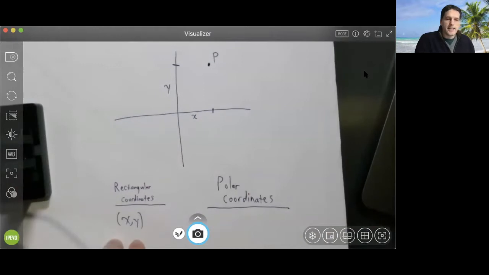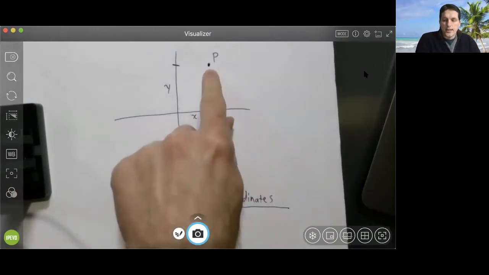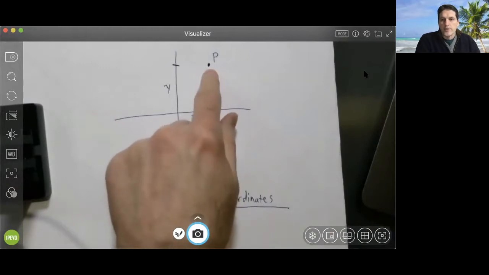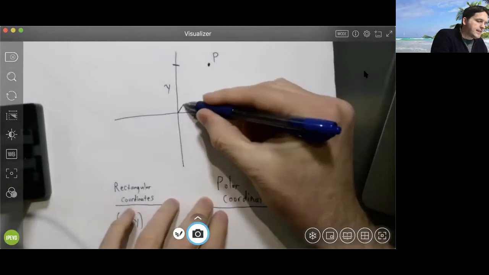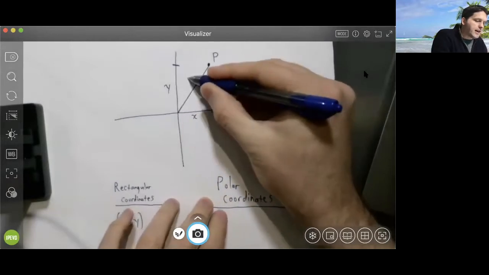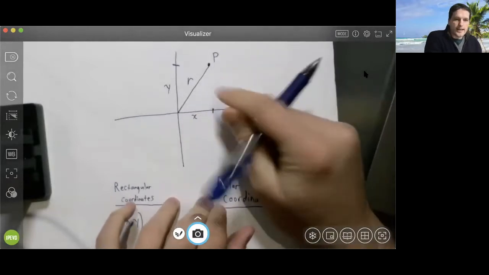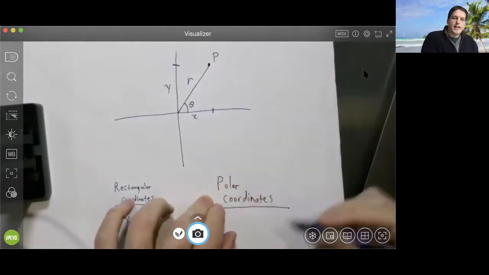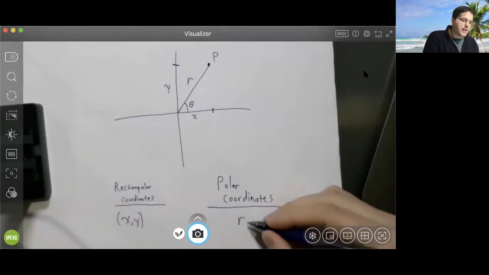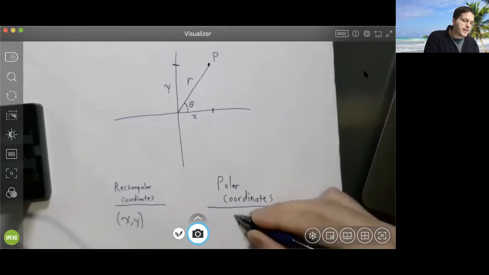But this is not the only way to specify the location of P using a pair of numbers. A different thing you could do is draw this line and let r be the length of that line and let this angle be theta, and then we could just write down the pair of numbers r, theta.